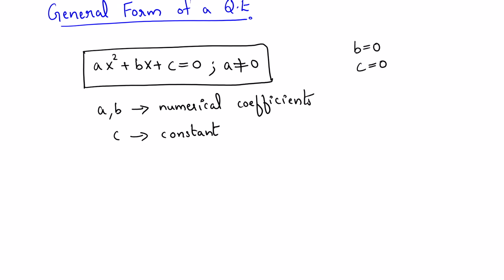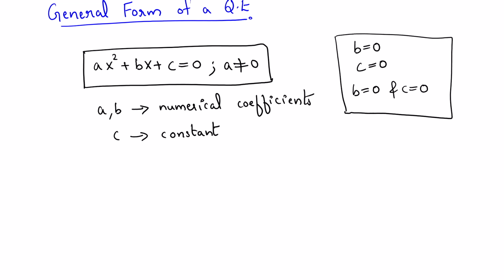Even c can be 0. It is also permitted. Also, both b and c can be 0. These are the permitted cases. Okay, but never ever can a be equal to 0. a can never be equal to 0.